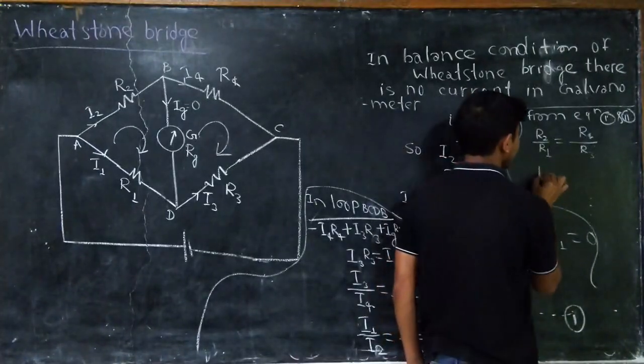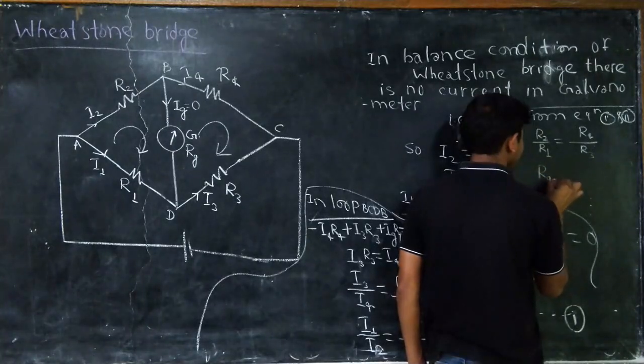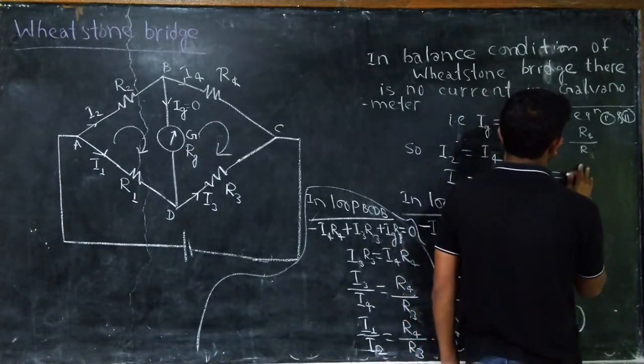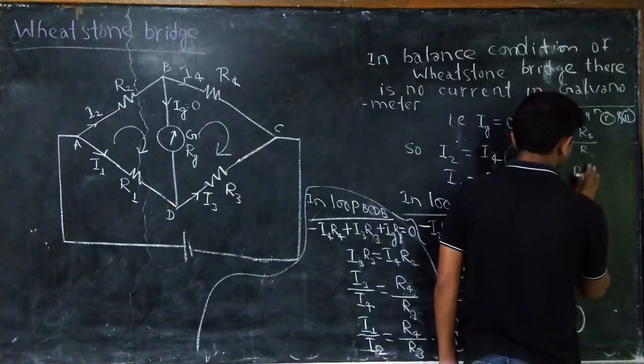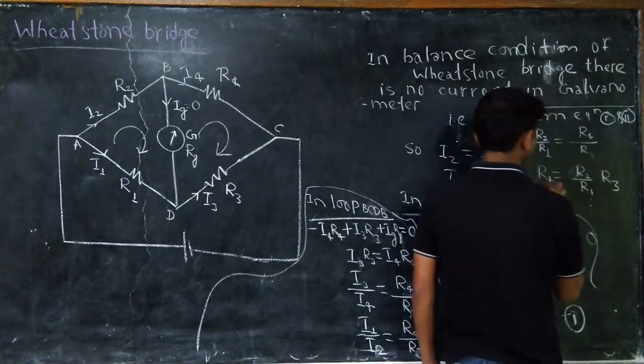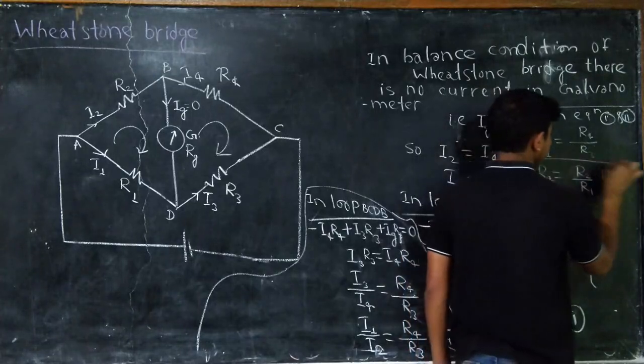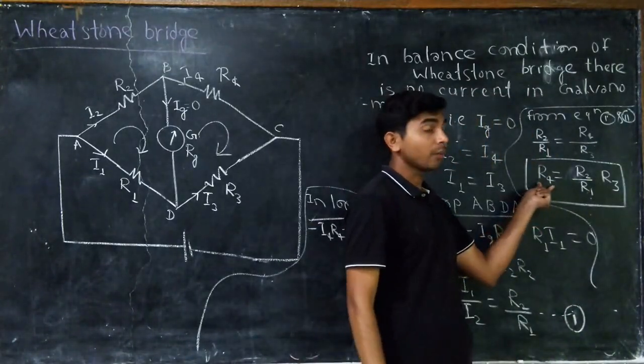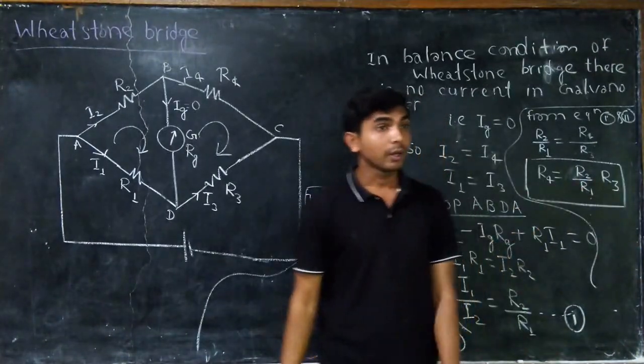Okay, and further we can write like this: R4 is equal to R2 R3 by R1, right? See, R4 is coming this much, right?